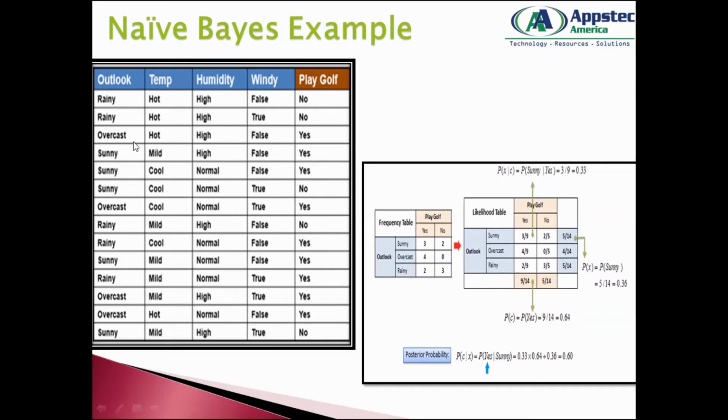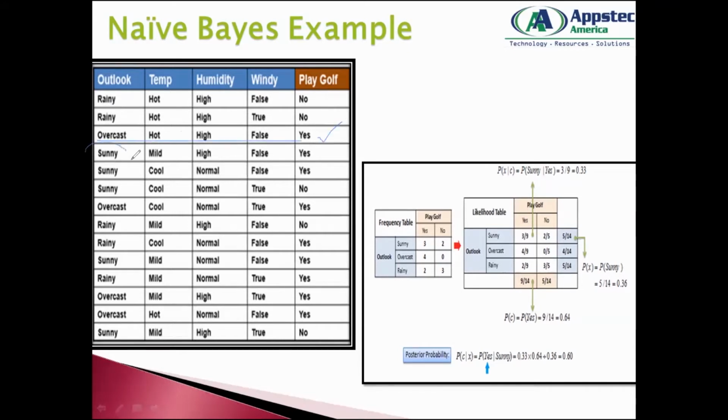When the outlook is overcast, hot, humidity is high, and it's not windy, I prefer to play golf. So like this, I have various conditions. If the day is like this, I choose not to play. If the day is like this, I choose to play.